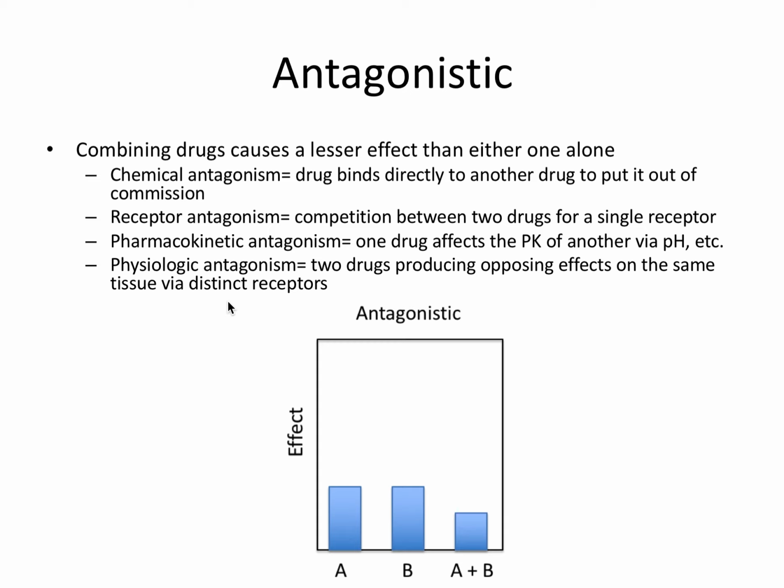And physiologic antagonism is where two drugs produce opposing effects on the same tissue via distinct receptors. So drug A reacts with receptor A, drug B reacts with receptor B, and then they have conflicting reactions to the body. So one could increase blood pressure and one's decreasing blood pressure. Typically, that's not what we want to be happening.